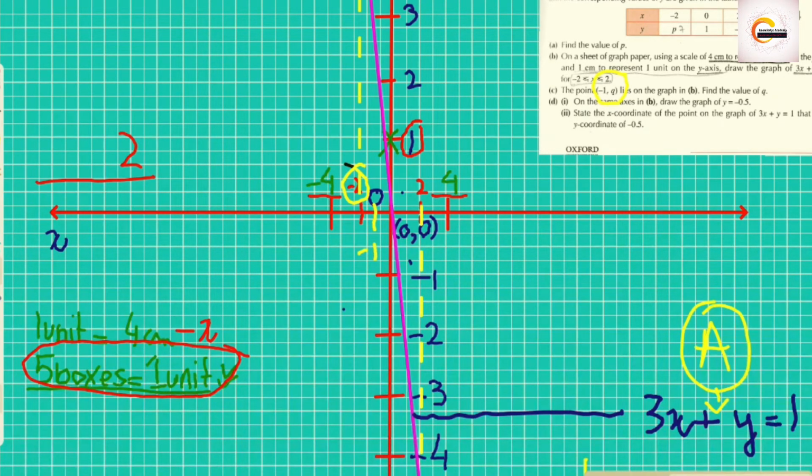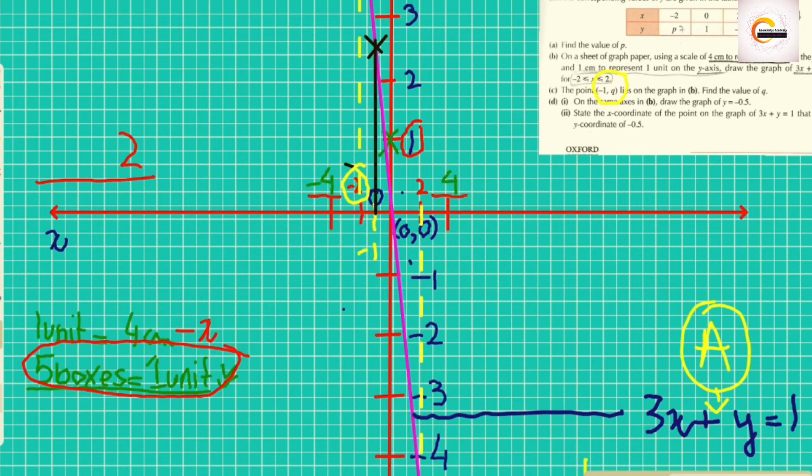All I'm going to do is draw a line towards our line A. So this is going to be the point which has been mentioned in question C. Now we know that its x coordinate is minus 1, and where will its y coordinate be?